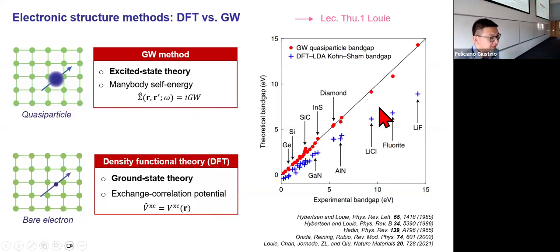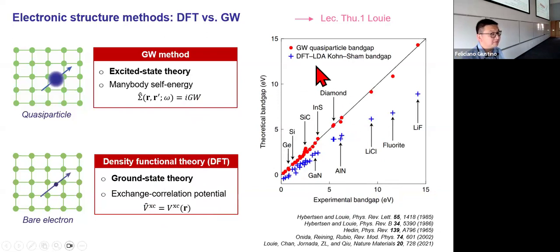We have seen a similar figure yesterday: if we use the GW approach to calculate, for example, the band gap of semiconductors, it agrees pretty nicely with the experimentally measured values for a very wide range of materials.